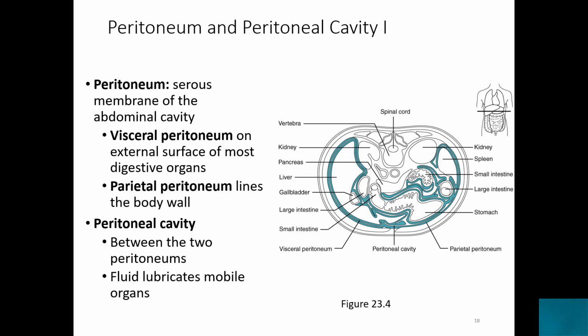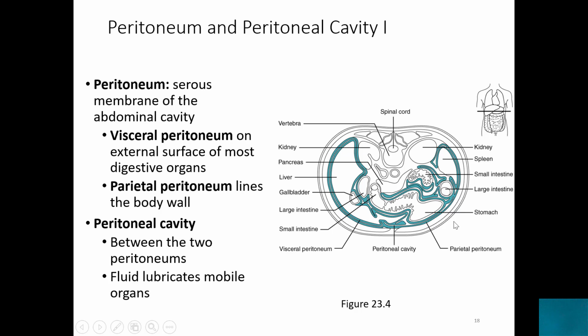Peritoneum and peritoneal cavity. Remember the difference between mucous membranes and serous membranes. Mucous membranes line the body cavities opened to the outside, like our mouth, our oral cavity, while serous membranes line body cavities that are not open to the outside. Our heart is located in the pericardium, for example. One of those serous membranes is the peritoneum.